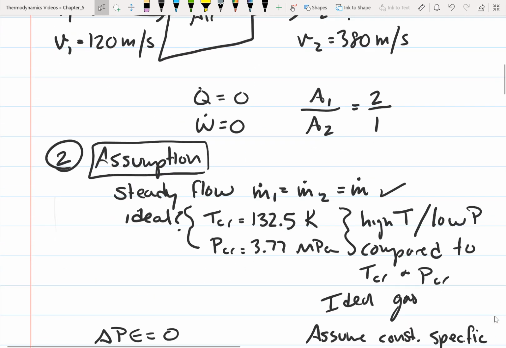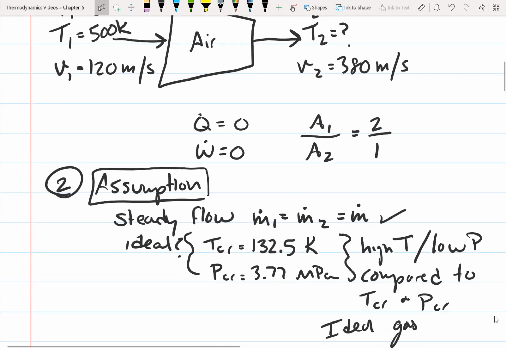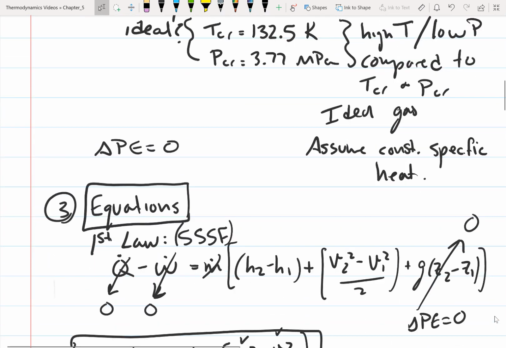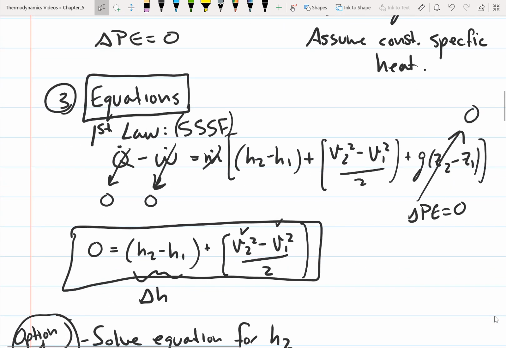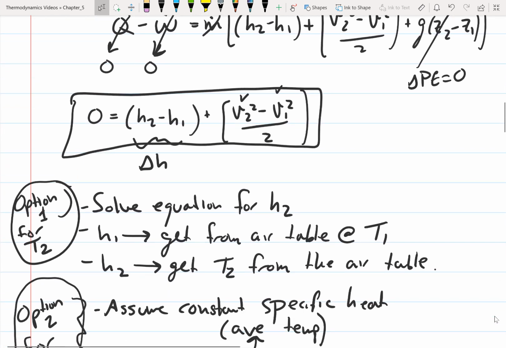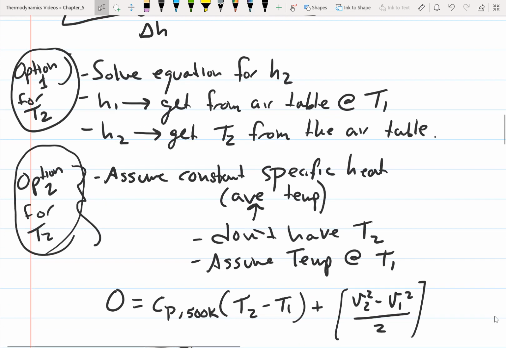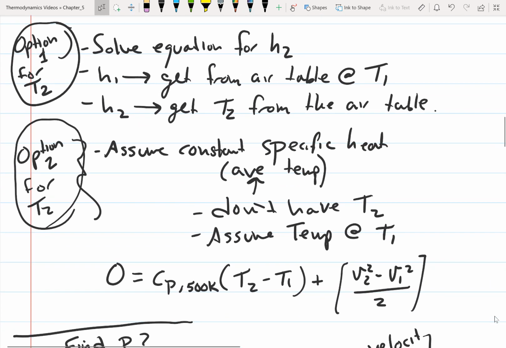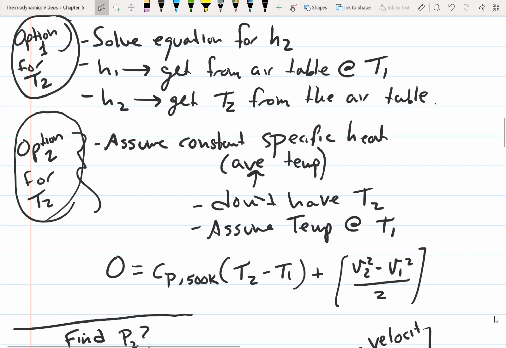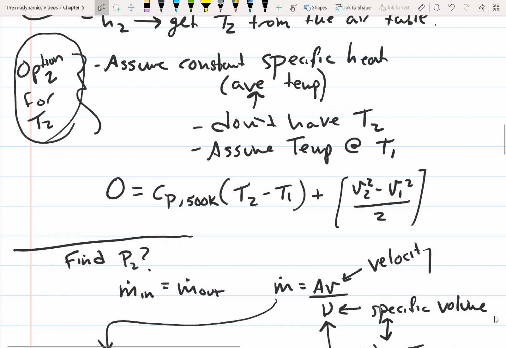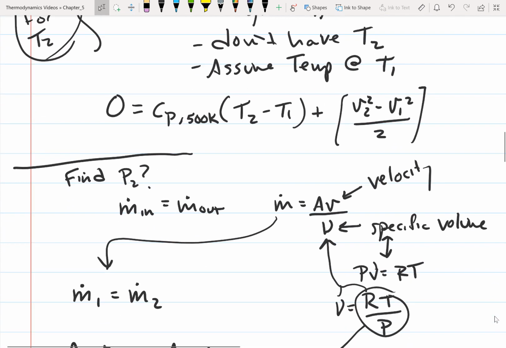And so we have our problem set up, assumptions, equations. We needed to apply an energy balance to this. It was single stream steady flow. It was for a nozzle. And then we had 2 different ways that we could solve for our enthalpies to get the temperature. We looked at how to solve it both ways. One was by looking up data on the air table. The other one was assuming constant specific heat at the inlet temperature.